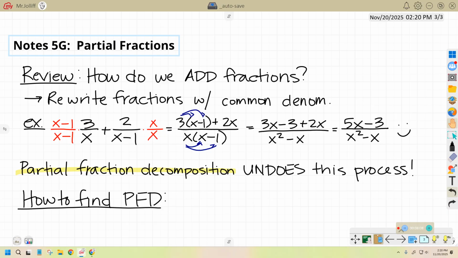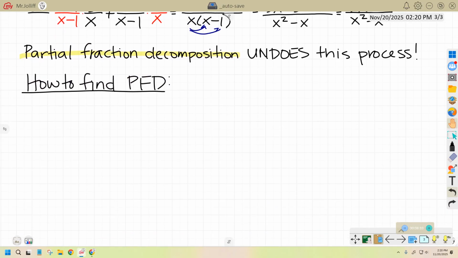So very first step, factor the denominator. You need to do it fully. All the factors, all the way down to a bunch of binomials or unfactorable quadratics.